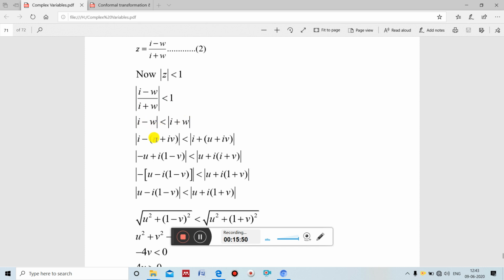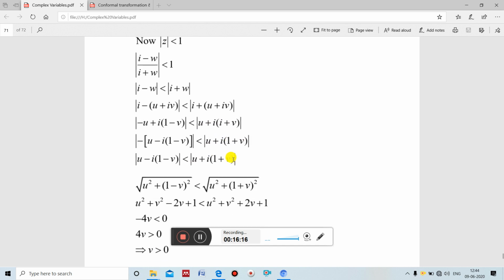So put w is equal to u plus iv: mod of i minus into u plus iv less than mod of i plus into u plus iv. So here i times v is there, take i common, then rewrite, we get minus u plus i into bracket 1 minus v, less than mod of, here also take i common, then rewrite u plus i into bracket 1 plus v.